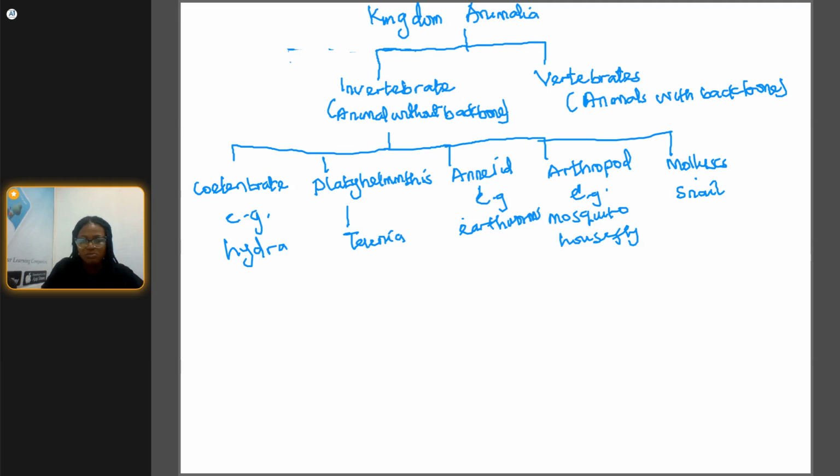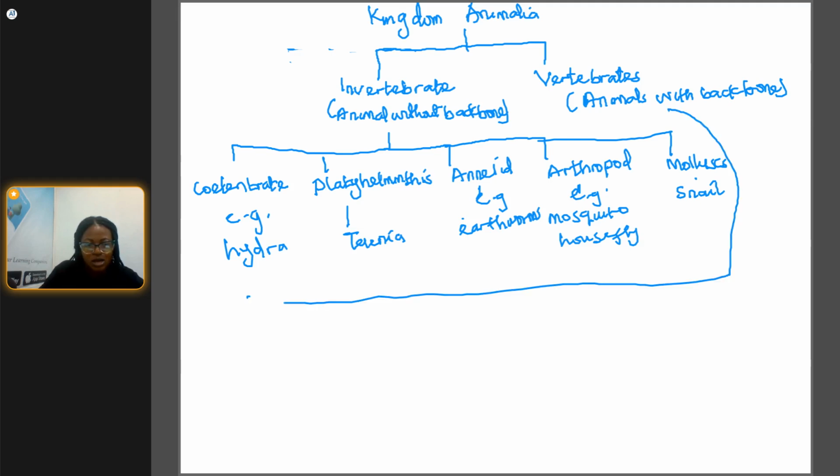Don't forget, this is under invertebrates. And under the vertebrates, that comes here. Please pay total attention. I am doing this to avoid too much note-taking. From the vertebrates, we also have five classes.